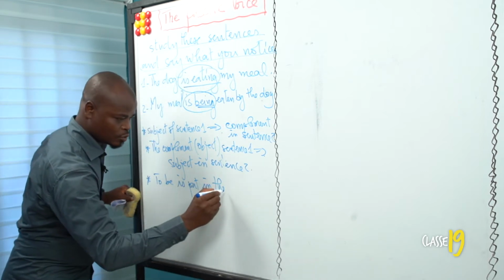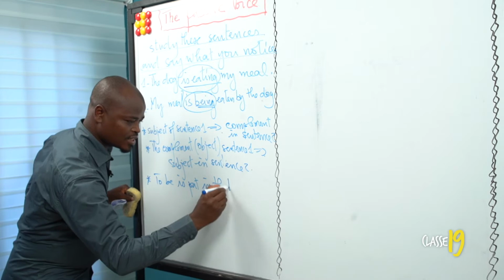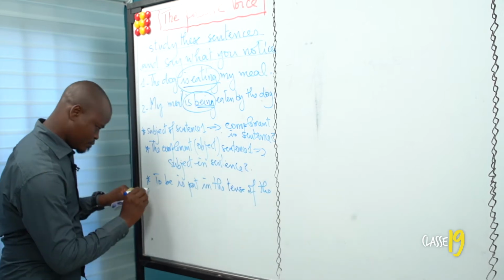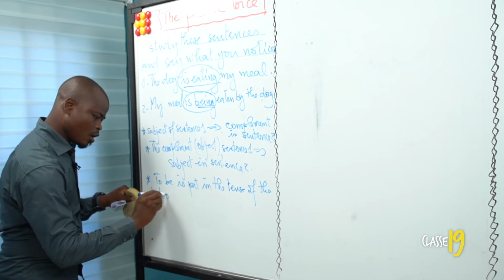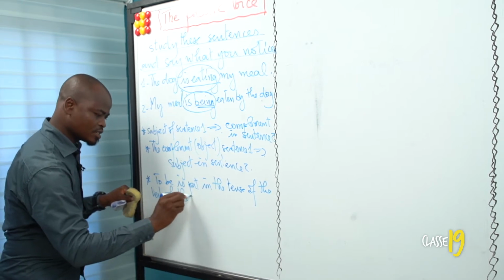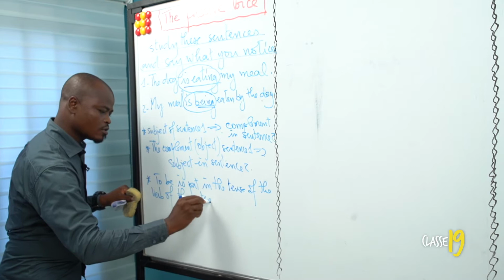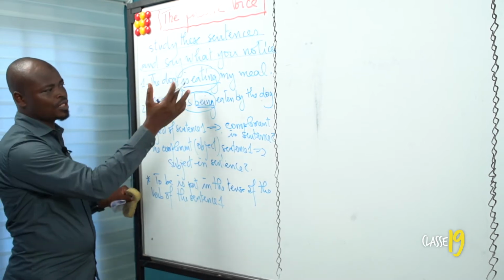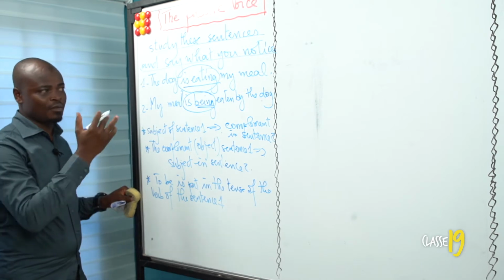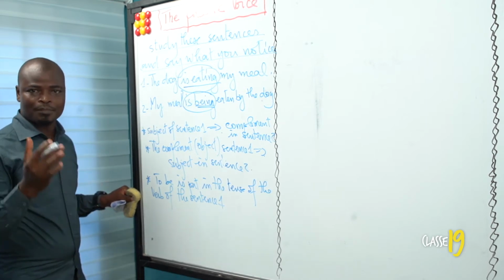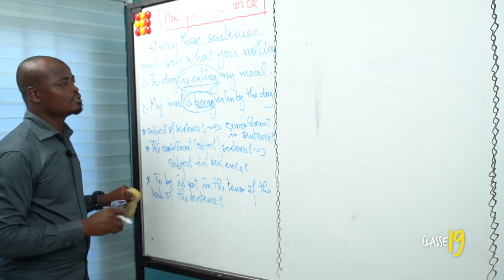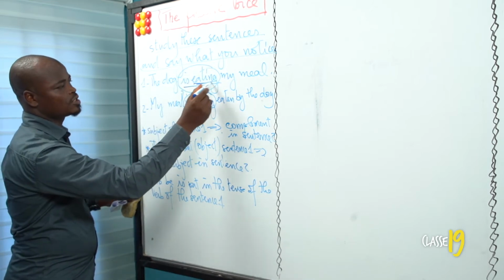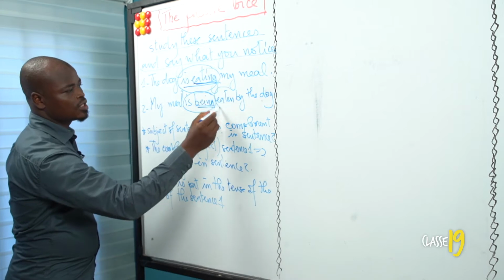So, to be is put in the tense of the verb of the sentence 1. Now, if we put to be in the tense of the verb in sentence 1, what will happen with the verb? Look, the verb here is the verb to eat.